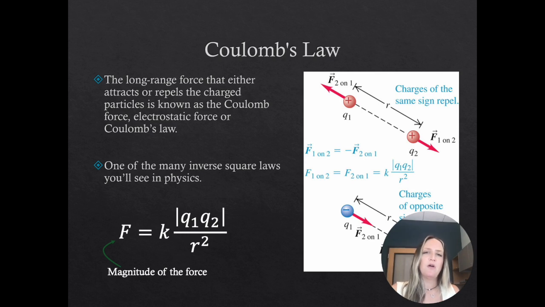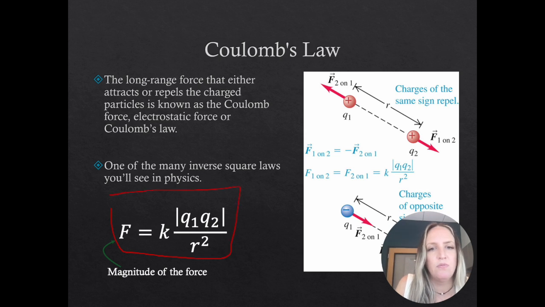So now that we've talked qualitatively about the attractive and repulsive forces that charges experience when they're near each other, let's put some quantification behind that. The strength of the force that two particles feel due to the other is given by the following equation, which is called Coulomb's law.